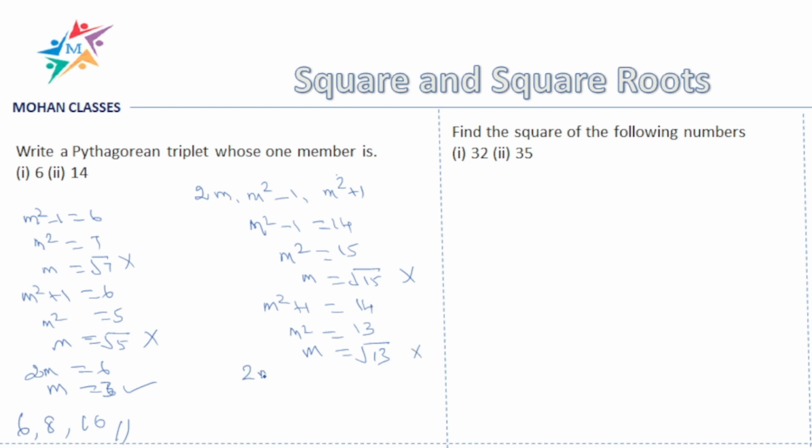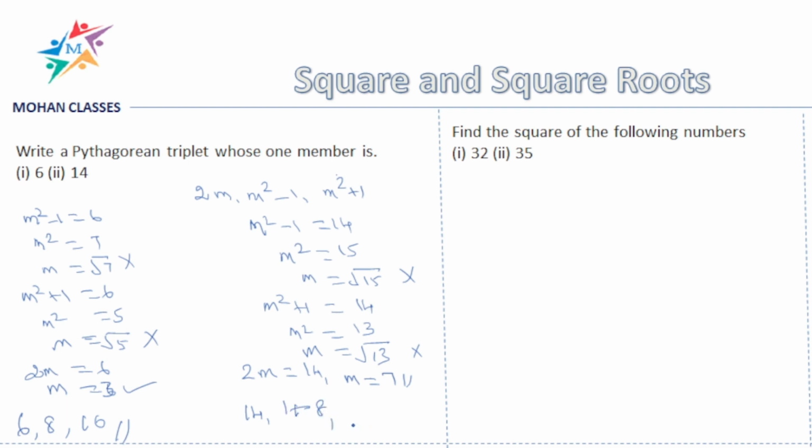What is 2m? 2m is equal to 14 and m is equal to 7. Then 7 square minus 1 is 49 minus 1, 48.